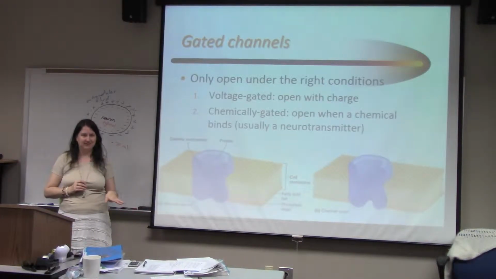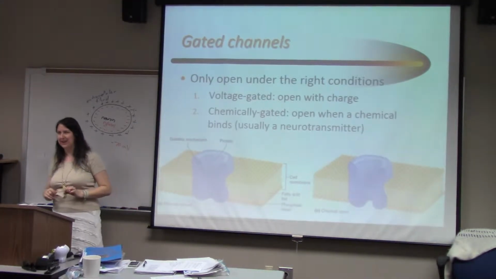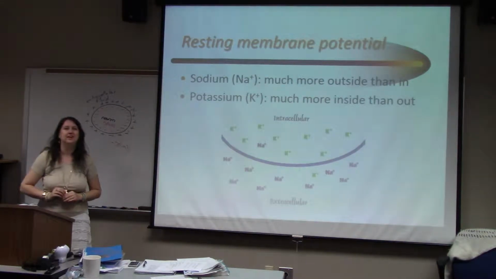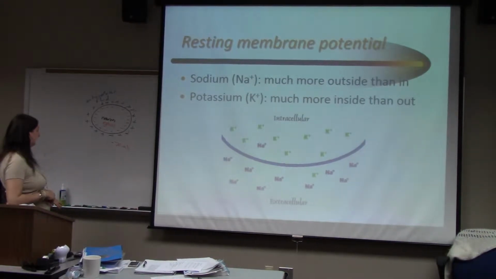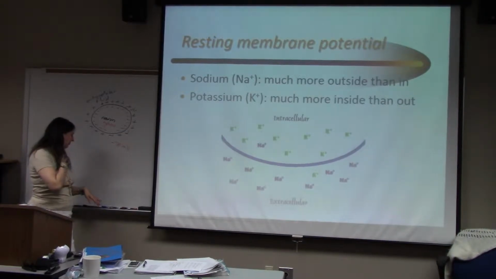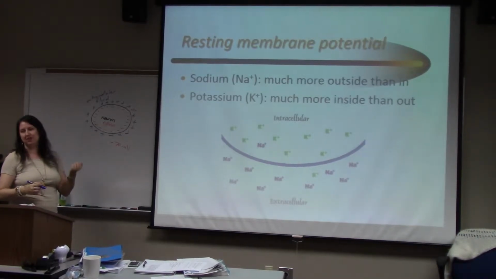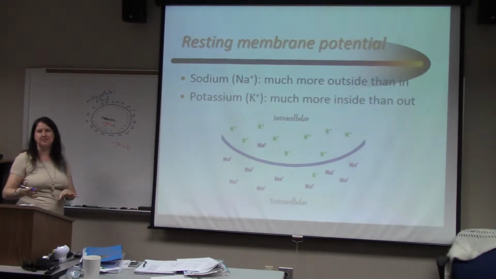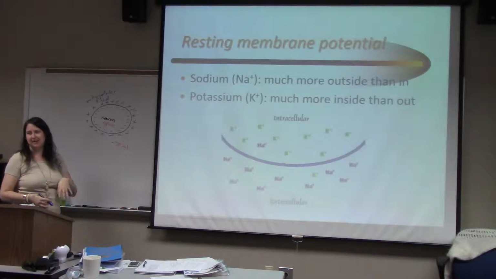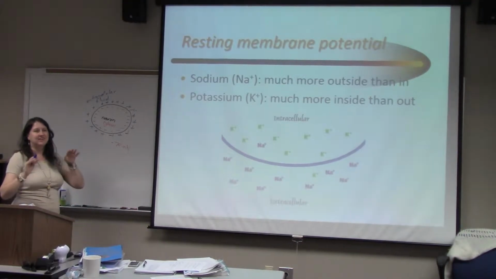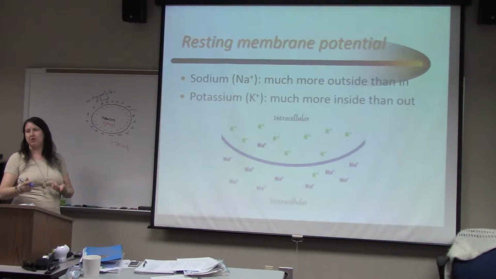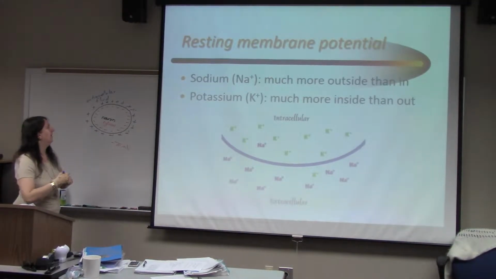This is why we had to learn all that active transport, facilitated diffusion back in chapter 3. At resting potential, the two most important ions are sodium and potassium. They're not the only ones that are different between inside and out, but they're the ones that make the biggest difference in the membrane potential, and they're the ones that are going to be moving when we open gated channels for them.